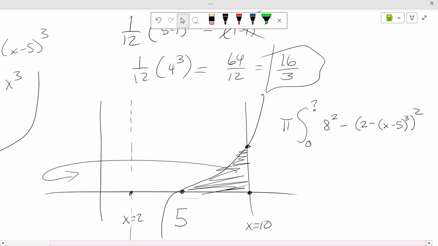Okay? All right. So, revolved around the line x equals 2. We're going around a vertical line, so we got to change our x's into y's.